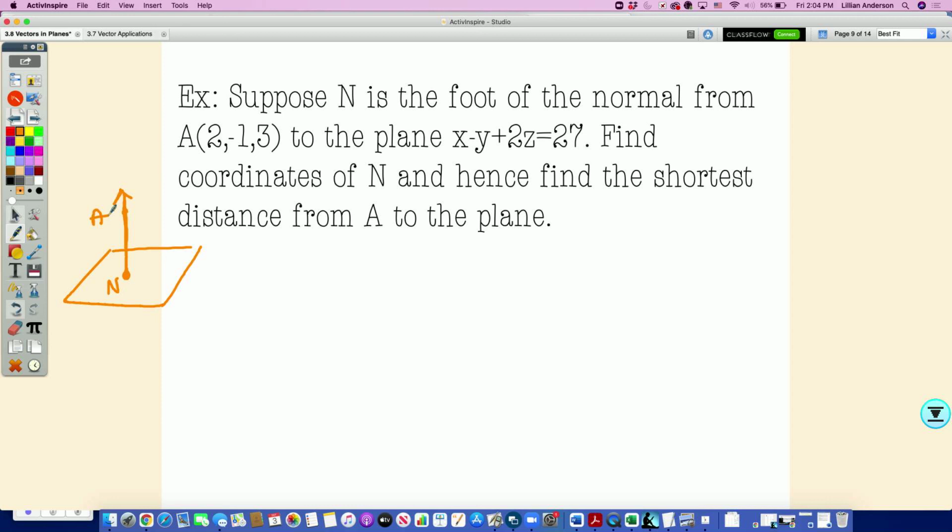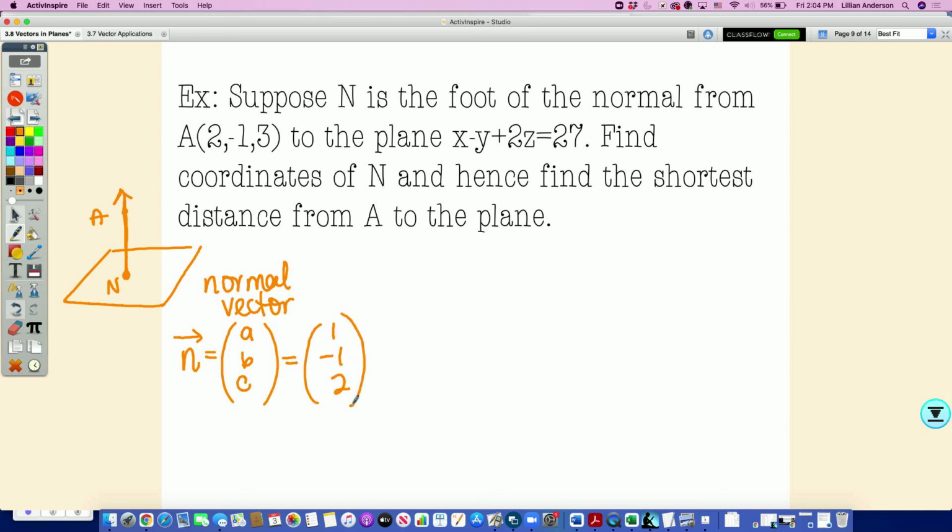Okay, now in order to find n, you need the normal vector. What's going to be the normal vector? 1, -1, 2. And how'd you get that? From the formula, it'd be the A, B, and C of the plane equation. Exactly, it would be the A, the B, and the C of the plane equation.